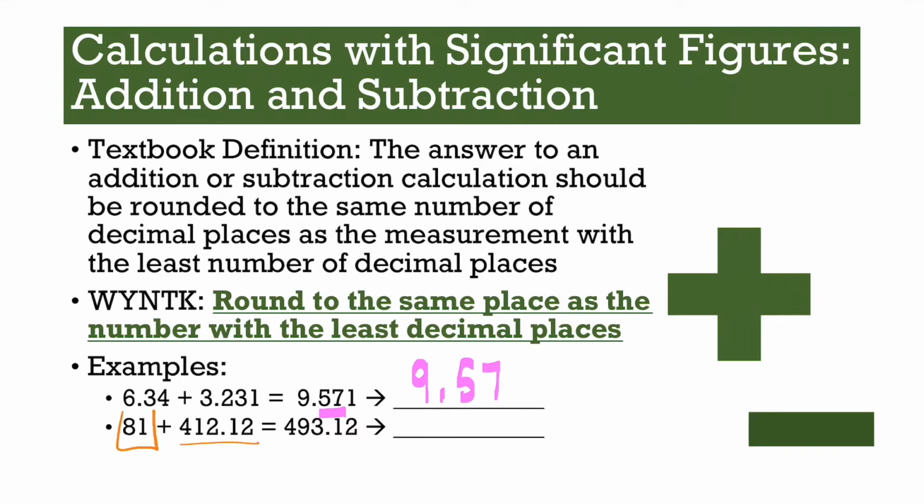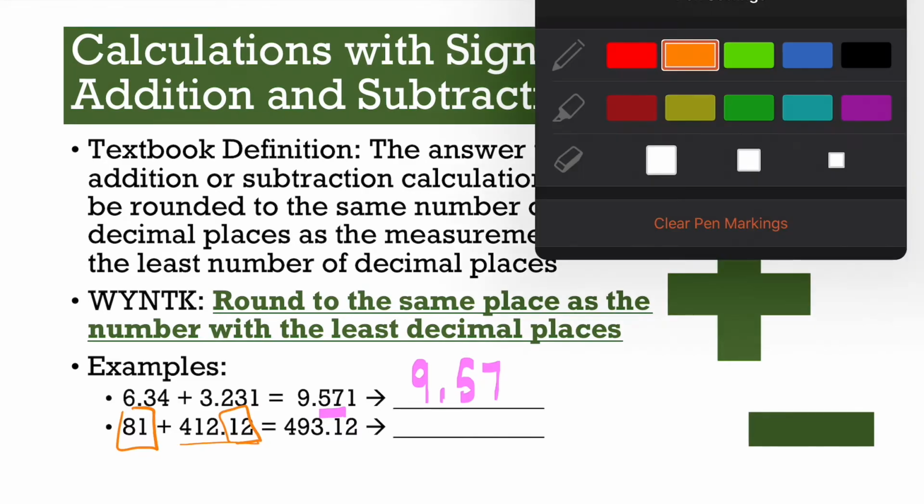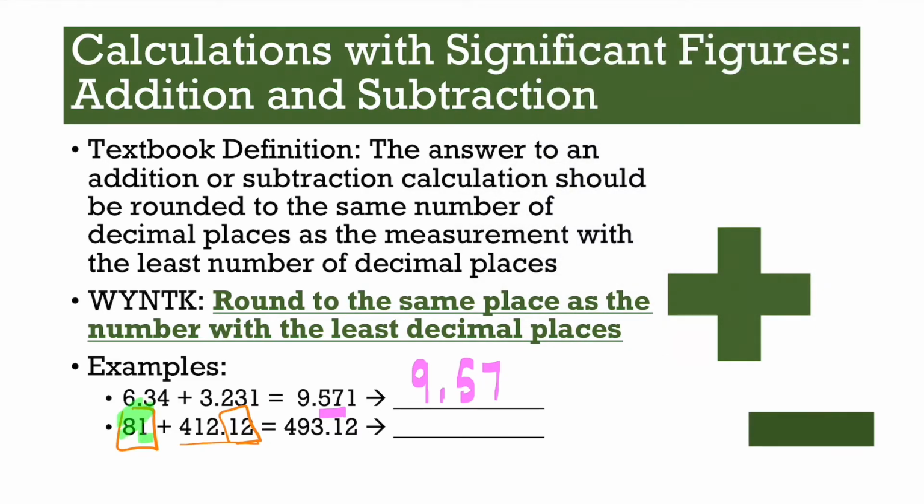Now, 81 has no decimal places, and 4.12 has 2 decimal places. So what's smaller, 0 or 2? Hopefully you said 0. So that means we're going to round this number to have 0 decimal places, and that is 493.